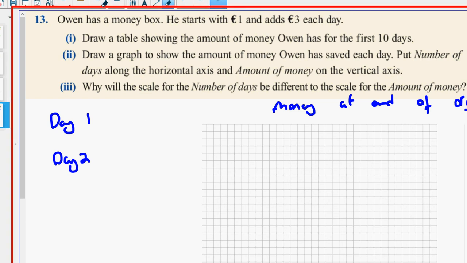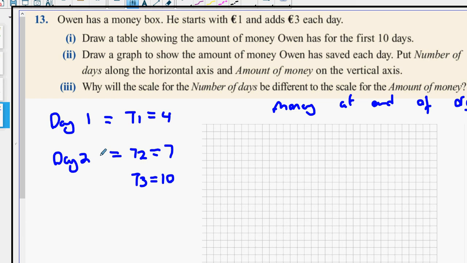So what way does it work now? So T1 is day 1, which is 4. Day 2 is T2, which is, okay, then T3, 10, T4, 13, T5, T6. Did I make a mistake there?